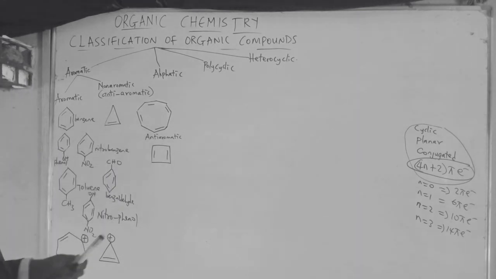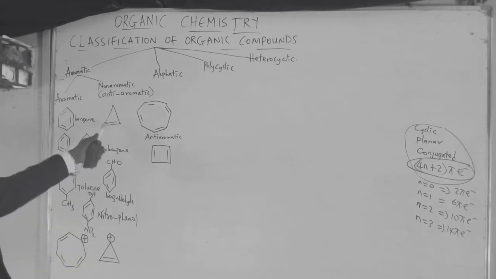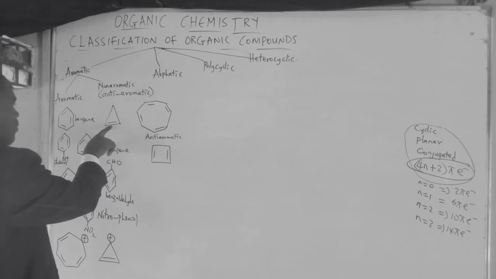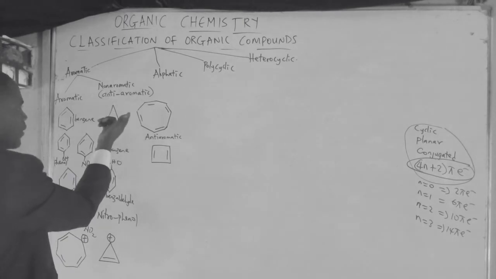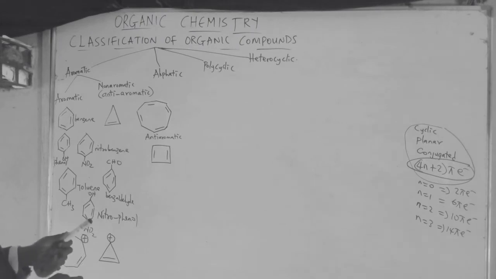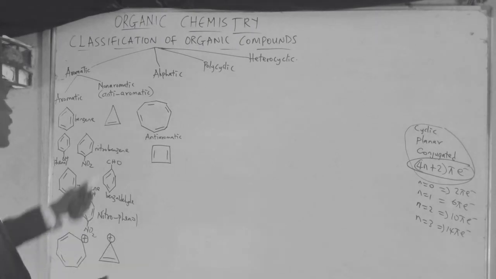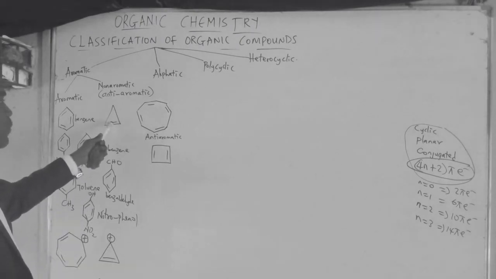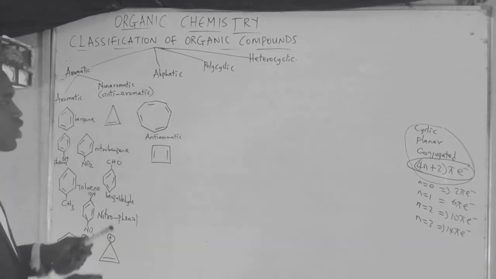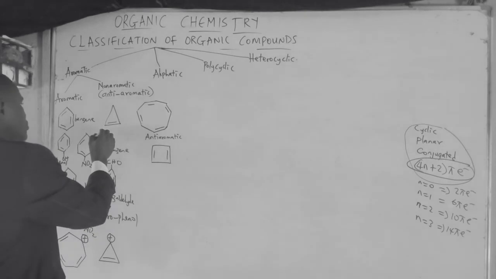It is cyclic. It is planar. But is it conjugated? No, because this is double bond, single bond, no double bond again. So it is not conjugated. Then you ask yourself, does it obey Huckel's rule? Yes. How many pi electron? 2 pi electron. It obeyed Huckel's rule, but it failed the conjugation rule. So this is non-aromatic.